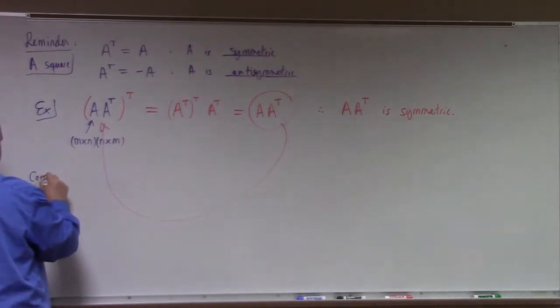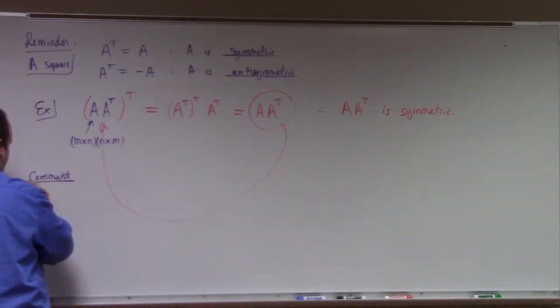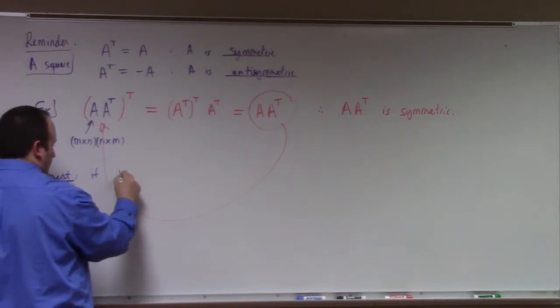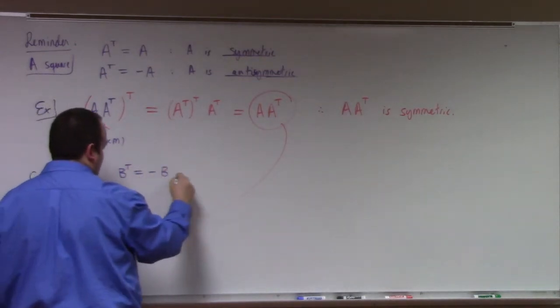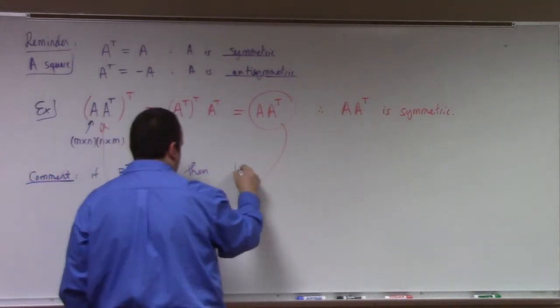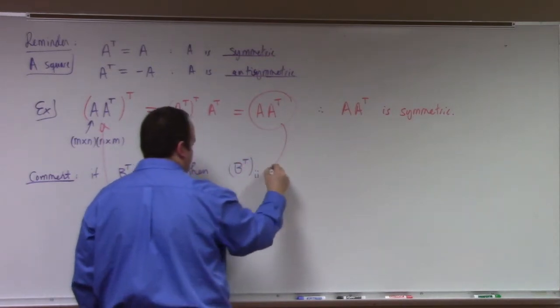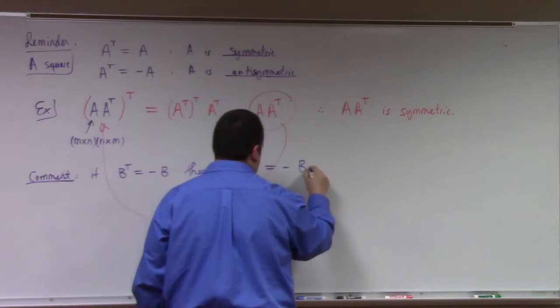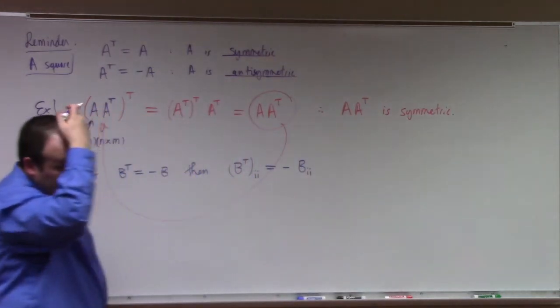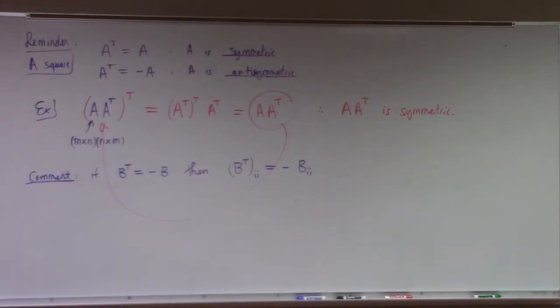Comment. If B transpose is equal to minus B, then (B transpose)_ii is equal to minus B_ii, right? But what does that tell you?